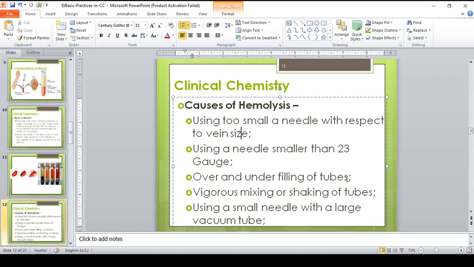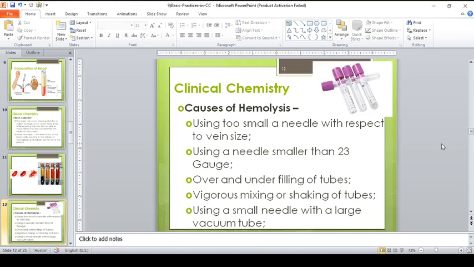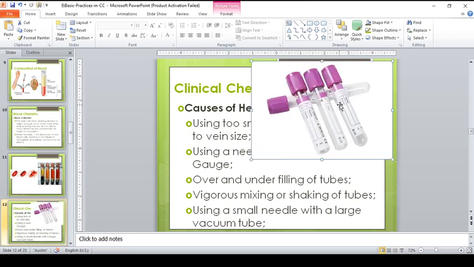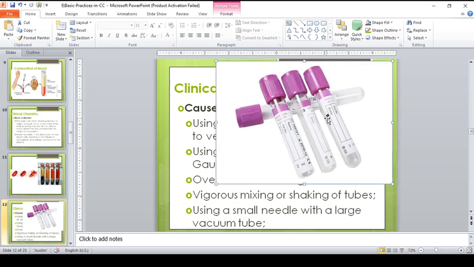This refers to tubes with an anticoagulant. Wait, I will just copy an image so that it's not hard for you to imagine what we mean by over and underfilling of tubes. For tubes with anticoagulant, there is a level to which you must fill the tube. For example, this is a 3 ml tube, so you must only fill the tube up to this level.